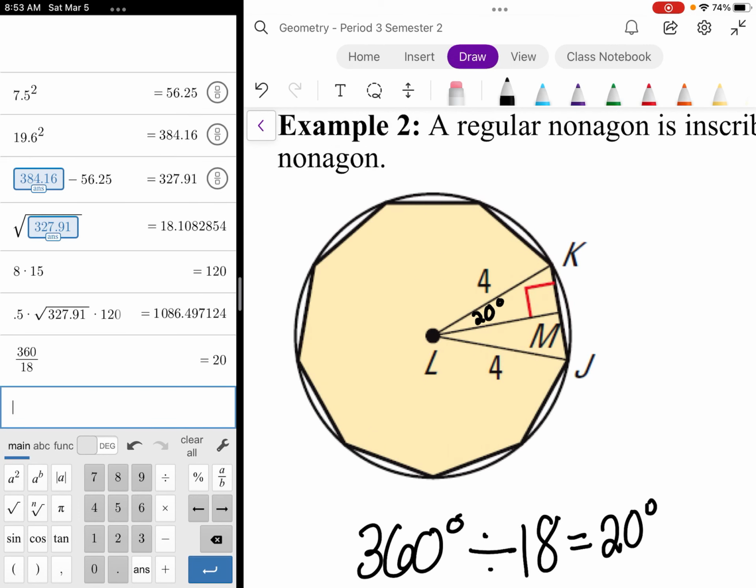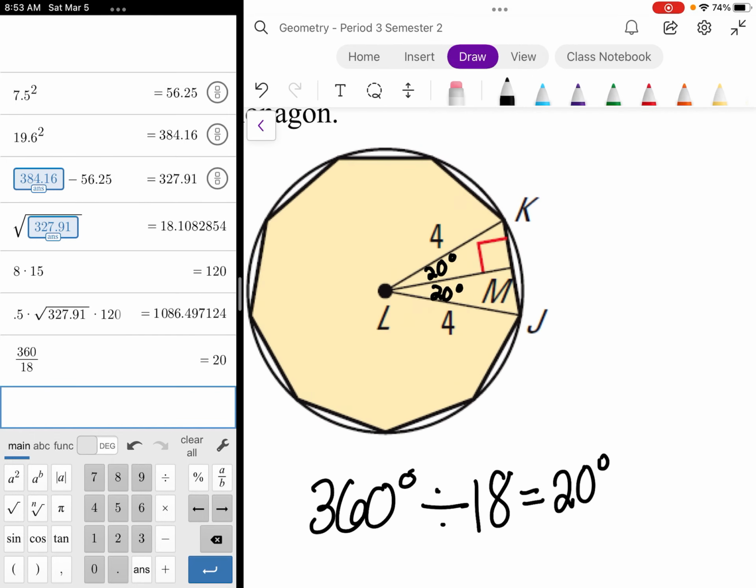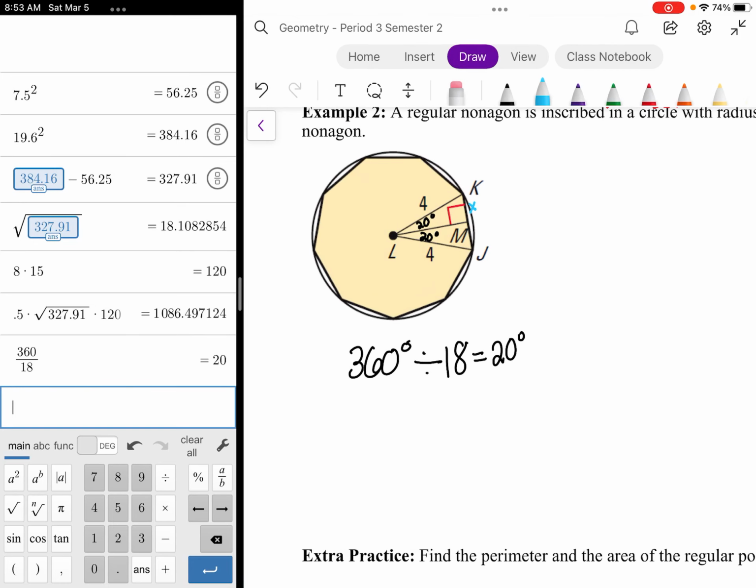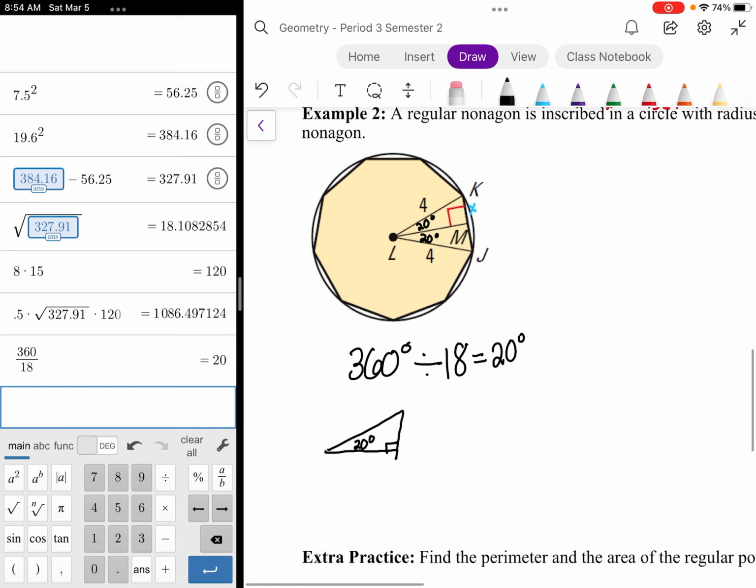Same thing with the triangle below it. And we need to figure out what the side length equals here to figure out what the perimeter is. So to help with that, I'm just going to redraw the triangle over here so we have a better visual. We know it's a right triangle with 20 degrees, and this length is 4.